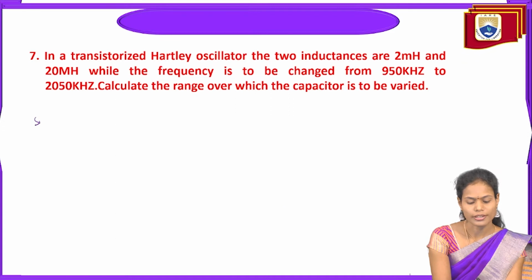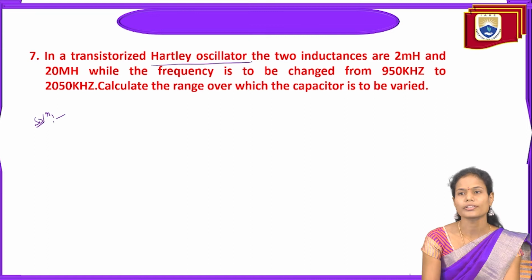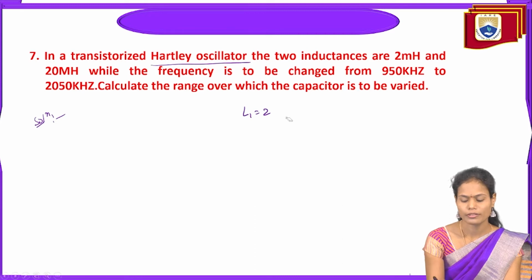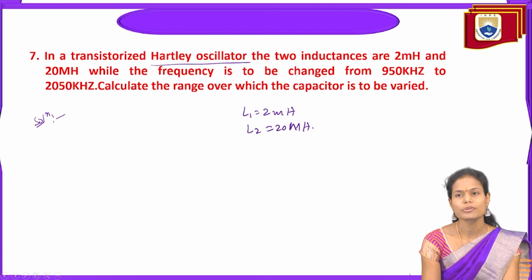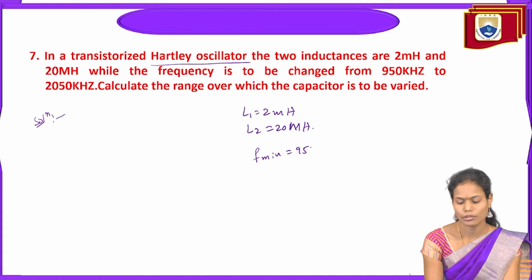And next one is again question belongs to the oscillators, that is Hartley oscillator. It is utilizing two inductances, that is L1 equal to 2 millihenries and L2 equal to 20 megahenries, while the frequency is to be changed from, that is F minimum is 950 kHz and the F maximum value is 2050 kHz.